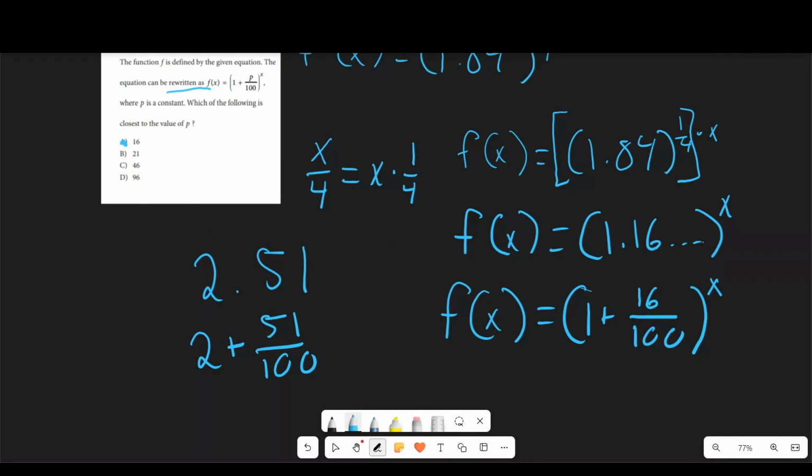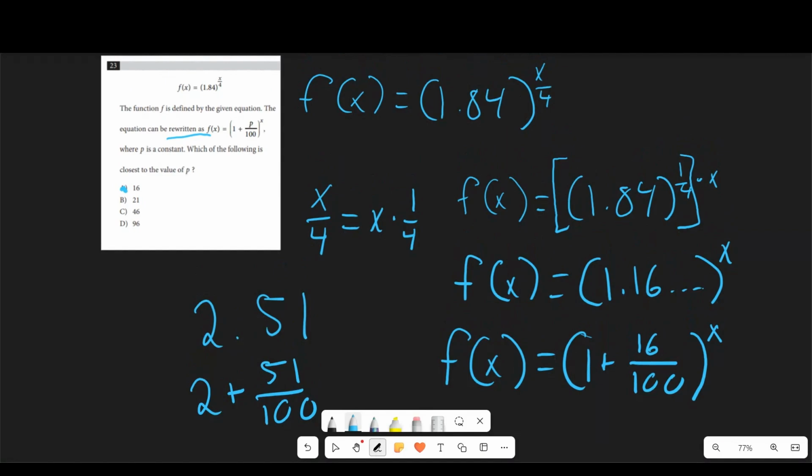Hopefully this video made sense. One concept to remember is that you can rewrite exponents, and if there is a variable in the exponent, you can isolate the variable as its own exponent while evaluating the main term with the exponent that you do know. And also that when you have decimals, you can rewrite decimals as fractions.